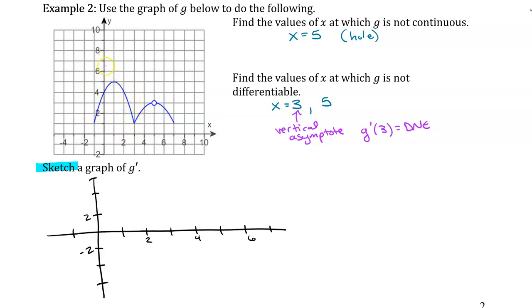So the function should be somewhere around -x²-ish. So I know the slope is going to be negative, and it exists at x equals -1, but the derivative does not exist at x equals 3 because of that vertical asymptote. So I'm just gonna guess.